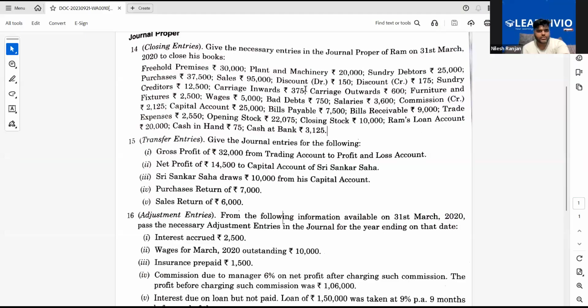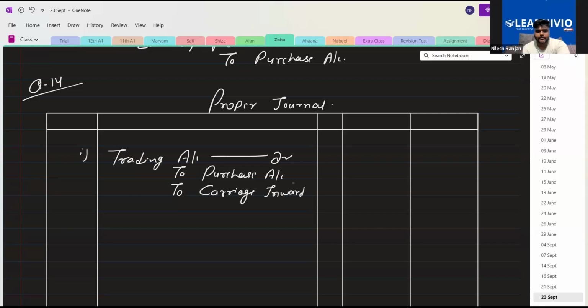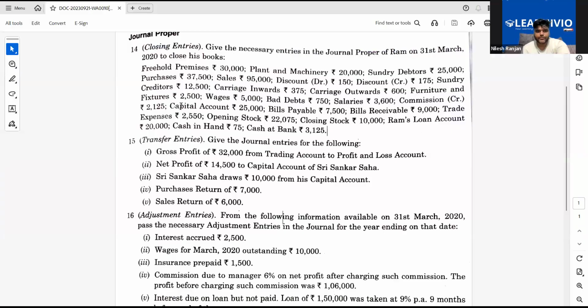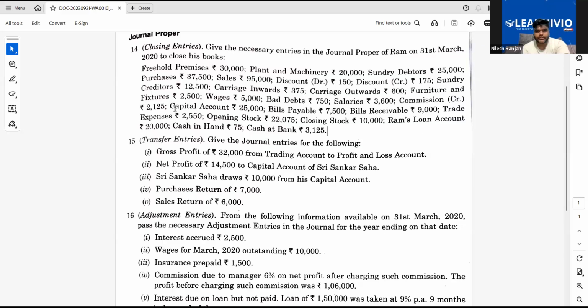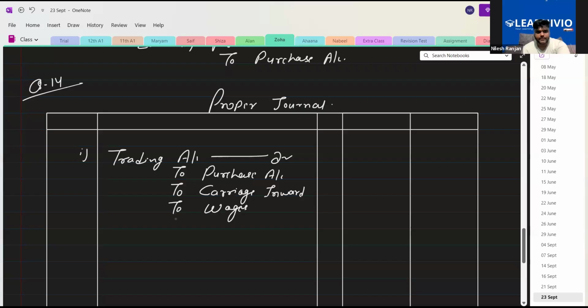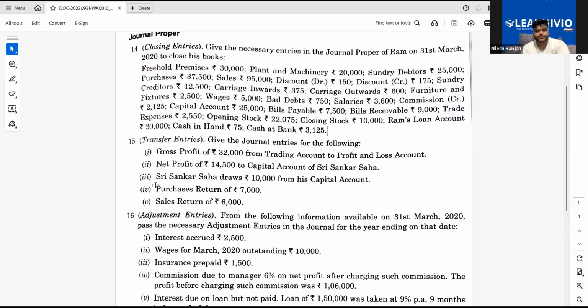Then sales, discount, creditors, carriage inward. Carriage inward will go to trading account debit. Then carriage outward, furniture, fixture, wages. Wages will go. Bad debt, salary, commission, capital, bills payable, credit expense, opening stock. Yes. Done.